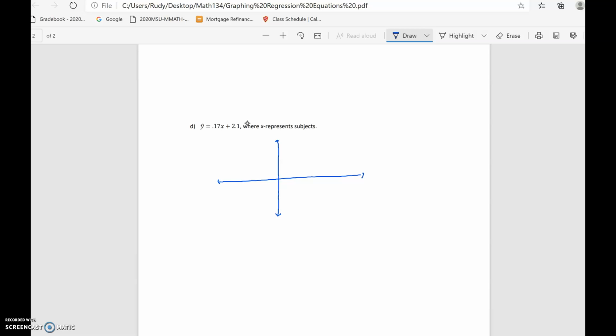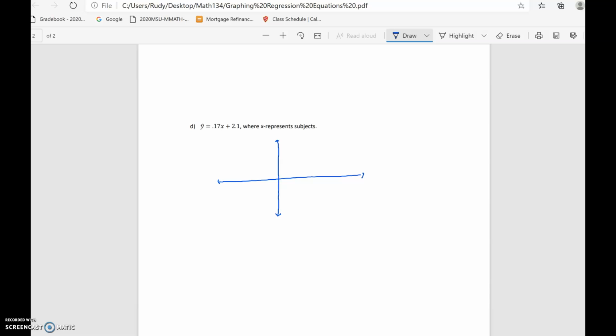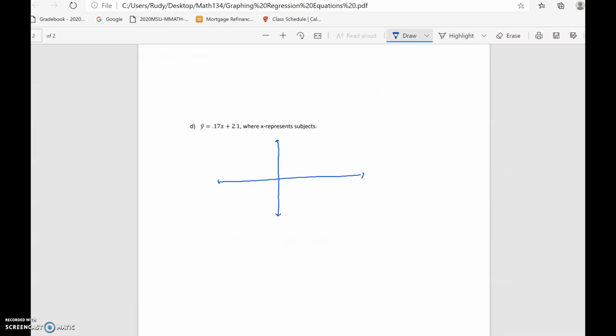So this is 0.17x plus 2.1. So let me go to decimals. So this is y is equal to 0.17x plus 2.1. And let me remove the previous one. So 0.17x plus 2.1.